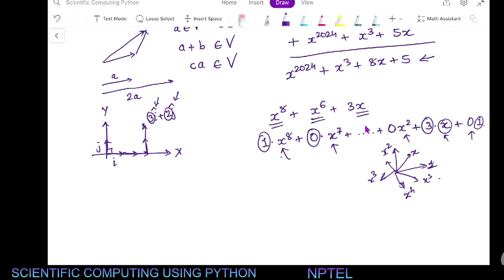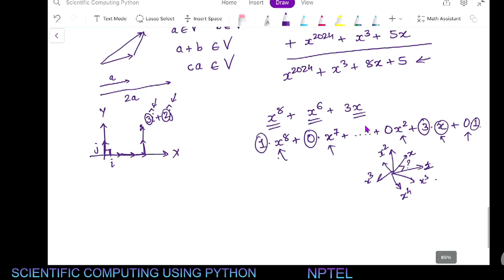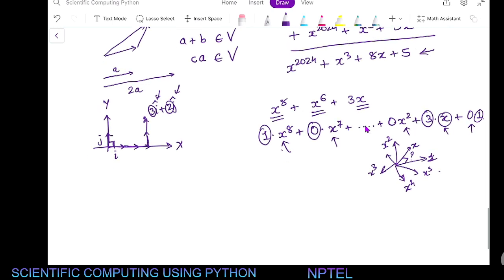Now as I said, i and j are perpendicular. Now is x and 1 perpendicular? What does it even mean, right? For saying that they are perpendicular, or the better word for that is orthogonal, we need to define a dot product. Perpendicular means dot product is 0. But this is in the language of geometry.